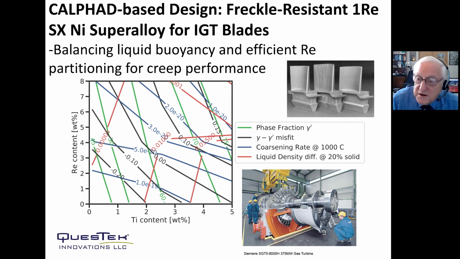And then exploiting multi-component thermodynamics, we were able to partition the rhenium more efficiently and get the creep performance of a 3 rhenium alloy. And so this has been demonstrated at scale already by Siemens and is moving into the application. And so this will be a significant improvement in the efficiency of IGT.